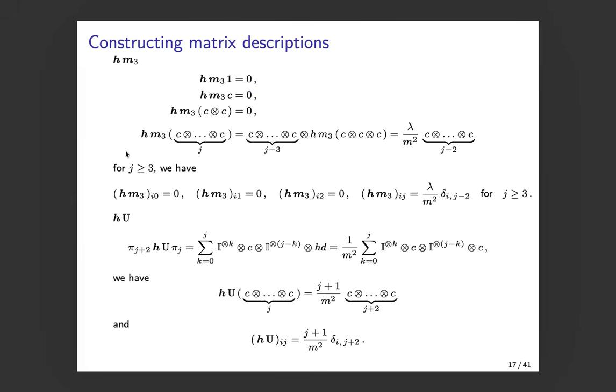Next, let us construct Hm3 in the chaotic theory, and Hu. So let us see Hm3. The operation of Hm3 trivially vanishes when the input is less than 3, so Hm3 acting on 1, C, and C tensor C vanishes. When the input is equal to or larger than 3, the non-trivial action arises, and the output decreases from the input by 2.